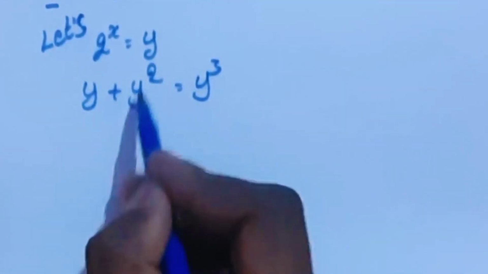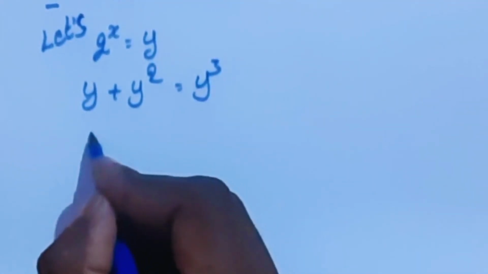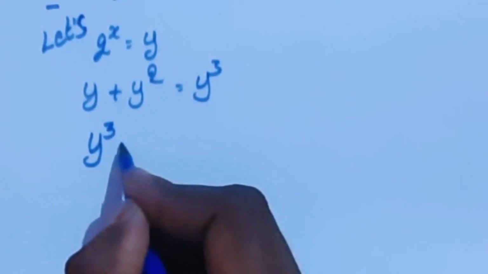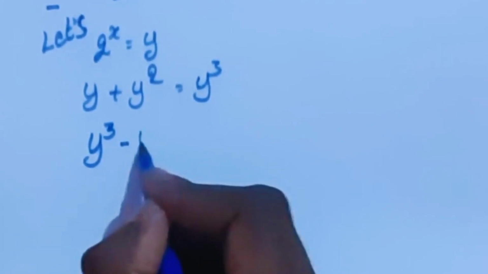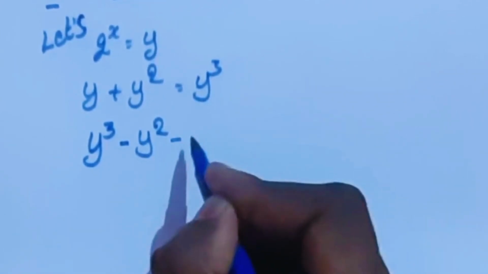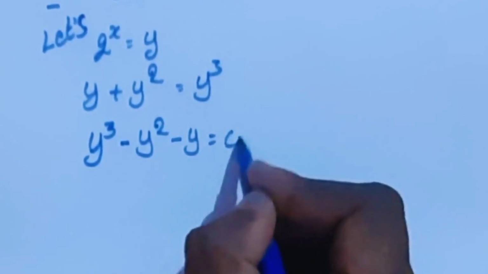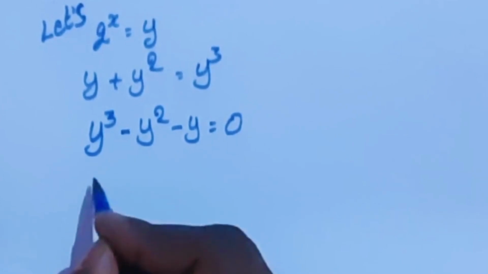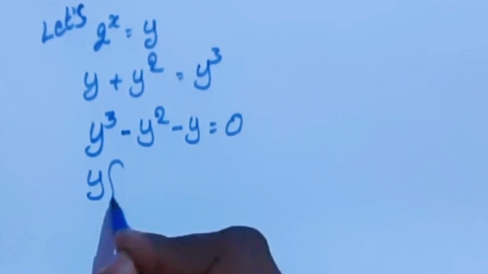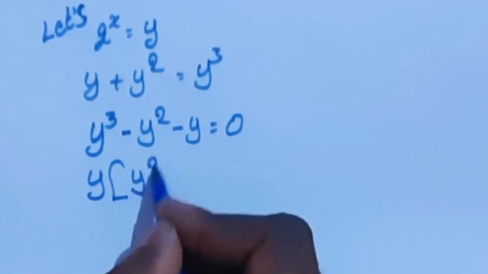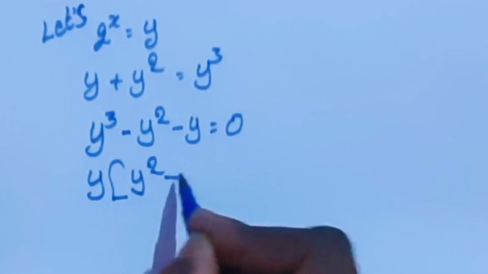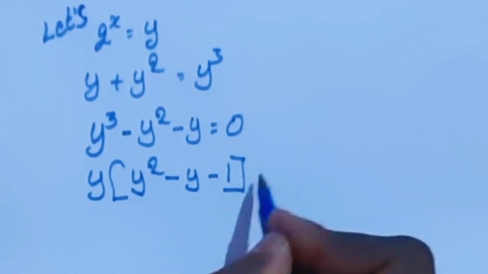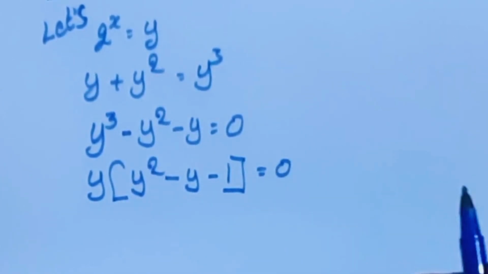Now moving this to the right hand side, y^3 minus y^2 minus y equal to 0. Now take one y common from this: y(y^2 minus y minus 1) equal to 0.